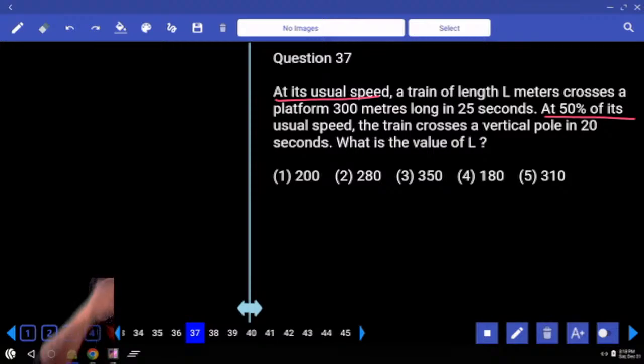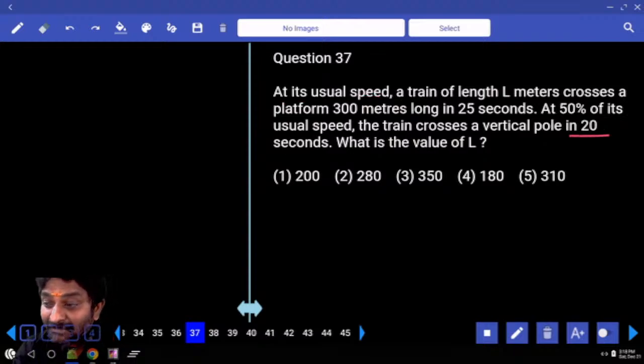More time. If it is traveling with 50% speed, how much more time will it take? Double. With double the time, it is equal to 20 seconds. Then with original speed, it should cover the same distance in half of the time only.